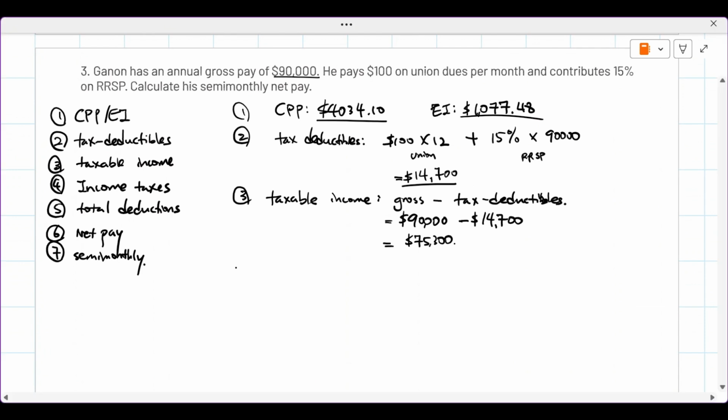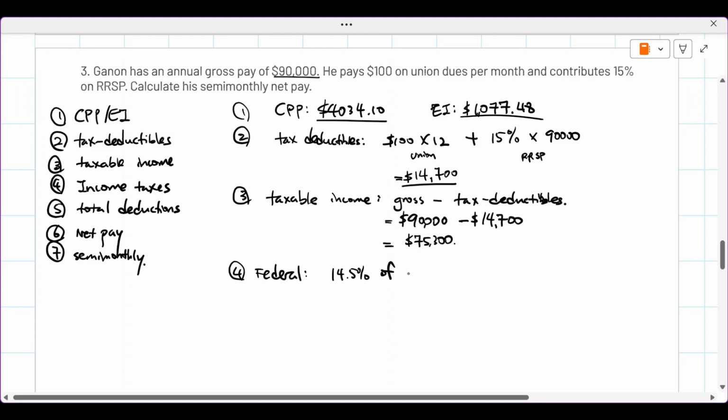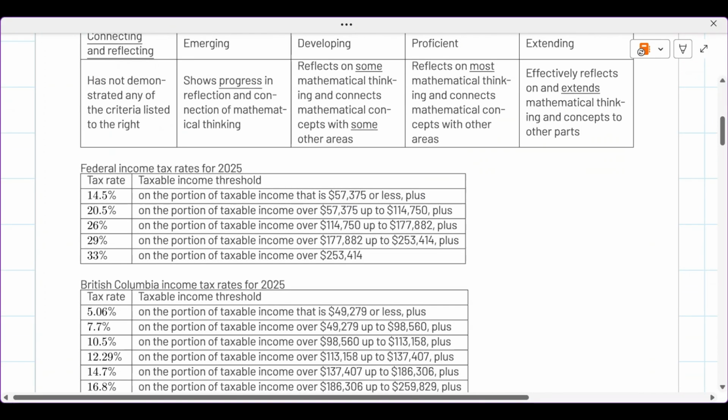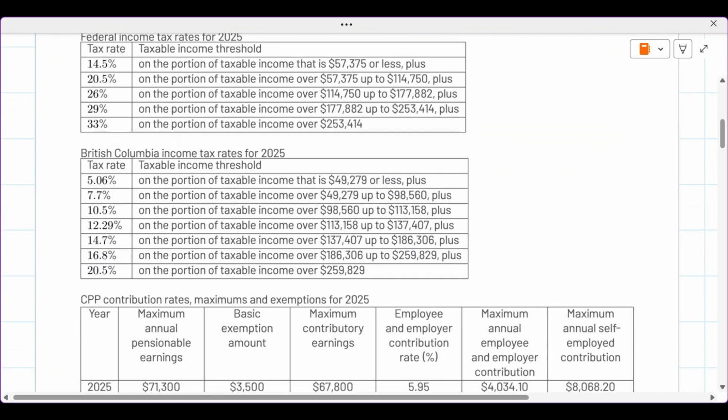So in order to find the income taxes, let's find the federal first. We're going to find the 14.5% of the 57,375. That's your first bracket. Plus 20.5% on the portion of the taxable income over 57,375 up to $114,750.